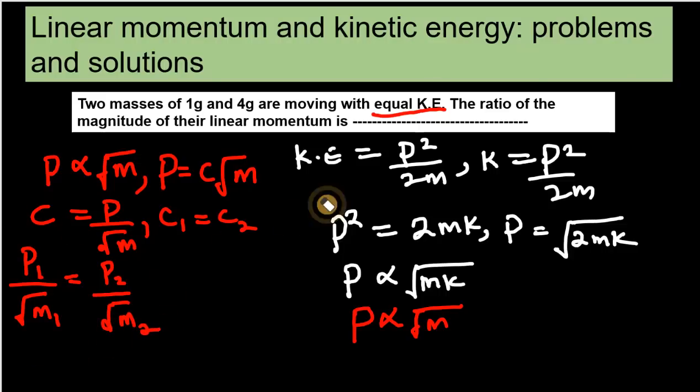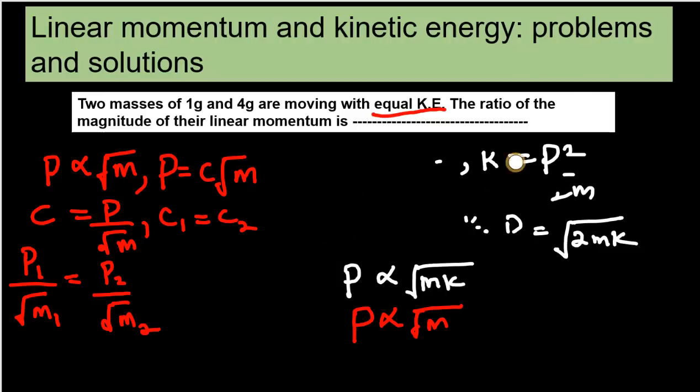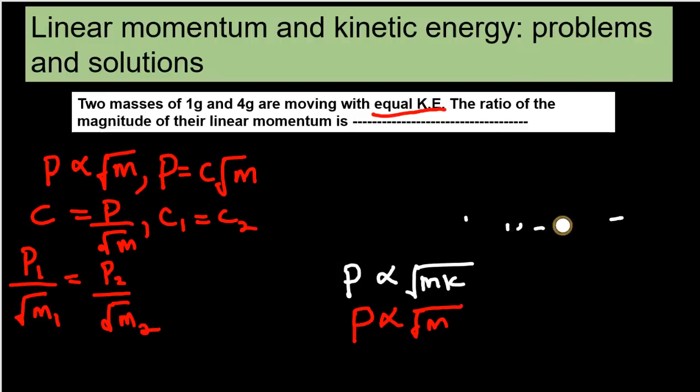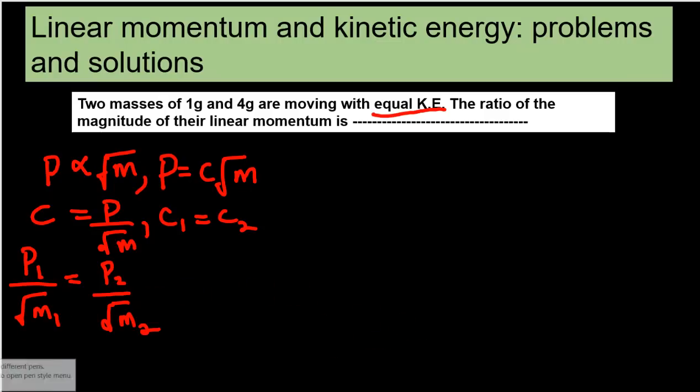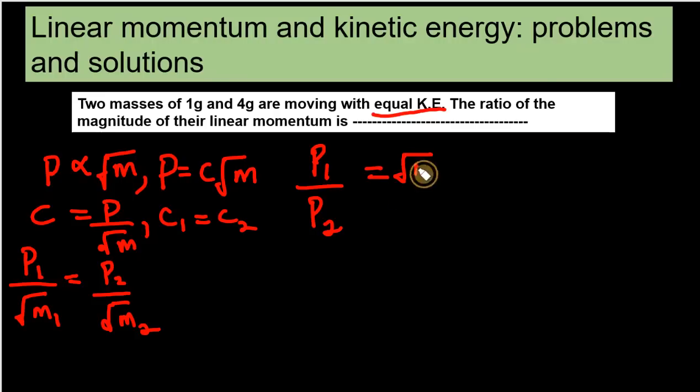This we can rewrite in this form. If we write this in the ratio of P1 upon P2, what we have is P1 upon P2 equals root m1 upon root m2, such that if we cross multiply, we have the same thing as what we have here.